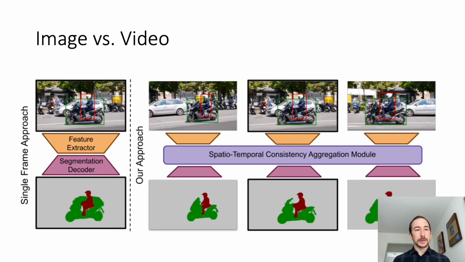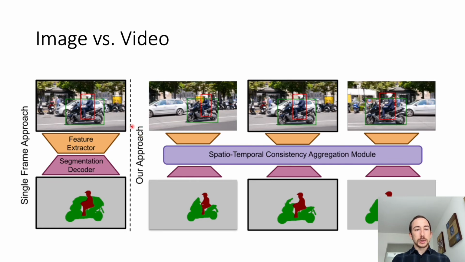But this is actually a very challenging problem, because the network has to figure out the segmentation mask solely based on object priors. And as you can see in this example, it's not so easy in many cases, especially when you have a cluttered background, which is often the case in interesting videos and datasets.